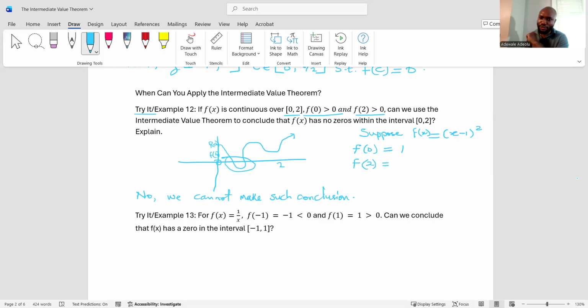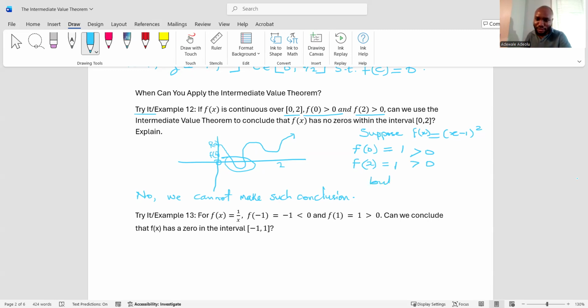F of 2 is 1, because 2 minus 1 is 1, 1 squared is 1. 0 minus 1 is negative 1, squared, that is 1. So we have the situation whereby f of 0 is greater than 0, f of 2 is greater than 0. So the condition is satisfied for our situation.